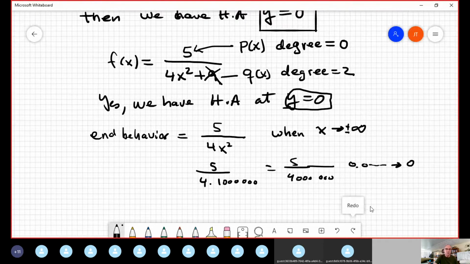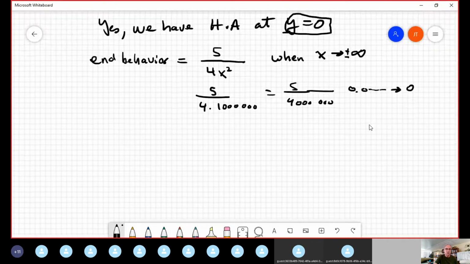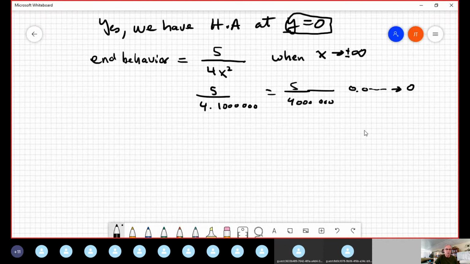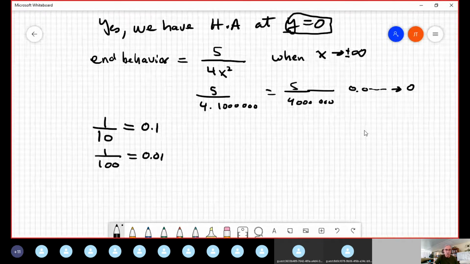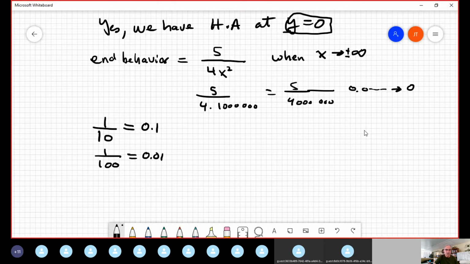Make sense or do you need a clearer explanation? Why is it 0? Okay, let me explain. Suppose 1 over 10. 1 over 10 is 0.1. I put it in my calculator. Suppose I increase this 10 forever. Now it's 100. It's 0.01. What happened with the answer? The answer decreases when the denominator increases. Suppose 1,000 is 0.001 and so on.